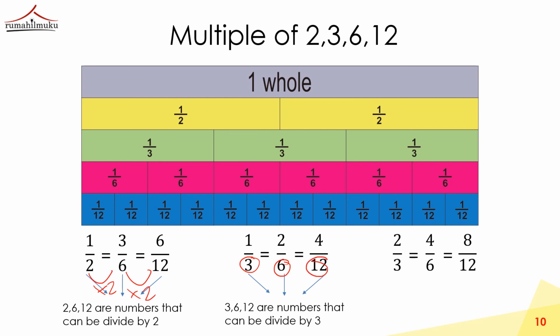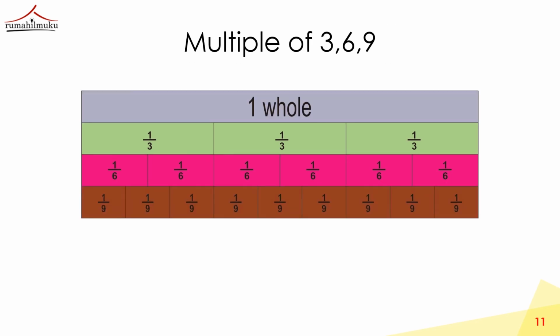And finally, we are on the last slide. Yay. So let's get this over with. 1/3 multiplied by 2 becomes 2/6. Then 1/3 multiplied by 3 becomes 3/9.